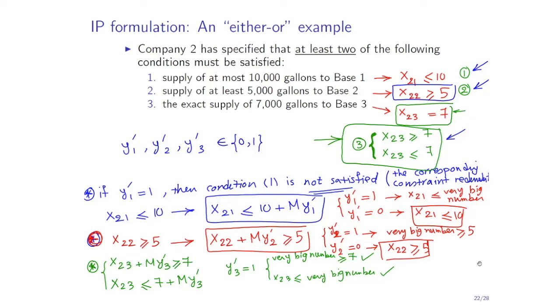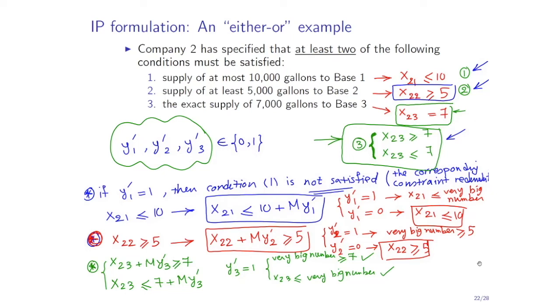No. Still, we haven't specified the relation between these three. So far, we know that every binary variable, by taking a value 1, can make the corresponding constraint redundant. But the condition is that out of these three, only one of them can actually be 1, right? Because the condition says that out of these three conditions, 2 of them must be satisfied, which means that you can ignore just one of them.